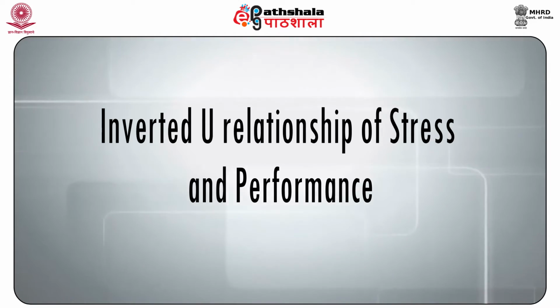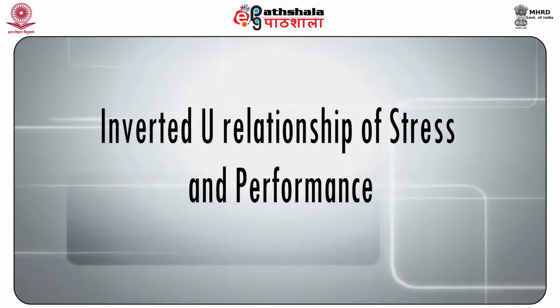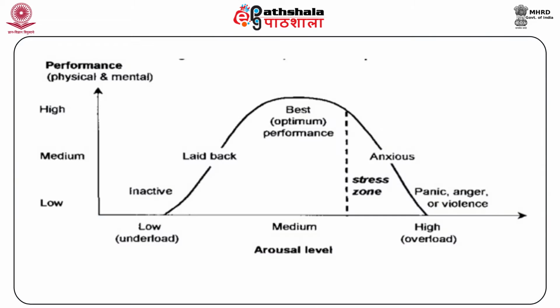Inverted U relationship of stress and performance. An inverted U or bell-shaped relationship indicates that performance improves with increasing stress to a certain level, beyond which, as the stress continues to increase, the performance declines. The rationale behind this relationship is the motivation factor.